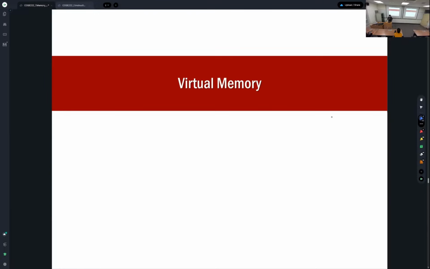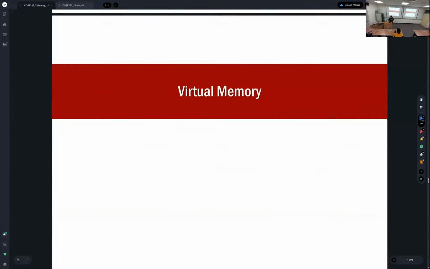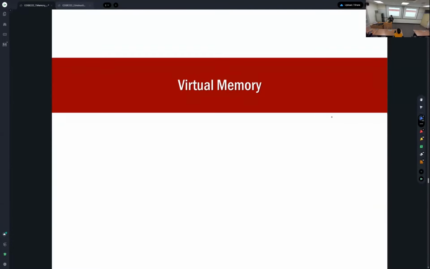Up to the cache, it was the hardware part, but virtual memory is also managed by hardware, and also by the operating system with software, so it is part hardware and part software.